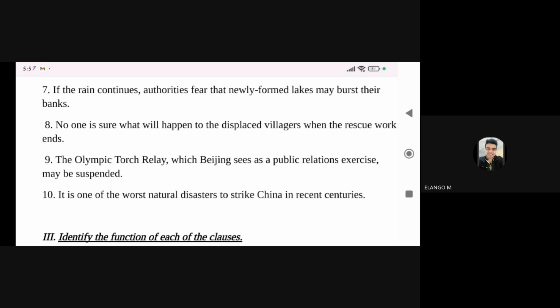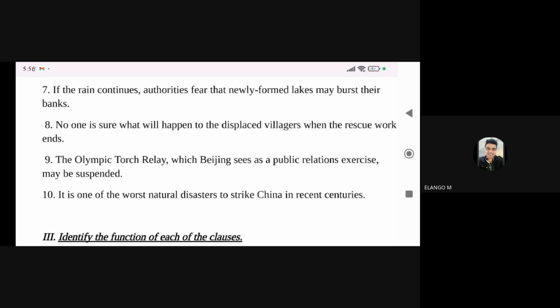Okay. Now, no one is sure what will happen to the displaced villagers when the rescue work ends. What will happen to the displaced villagers? When the rescue work ends. Which ones are the subordinate clauses?